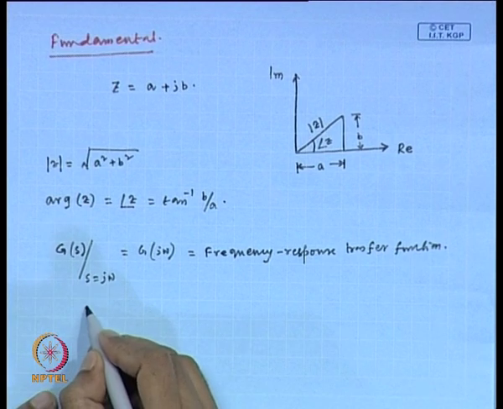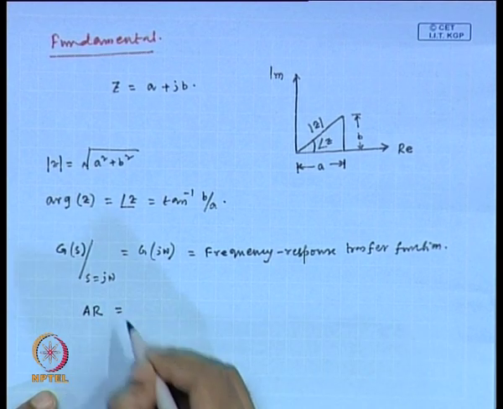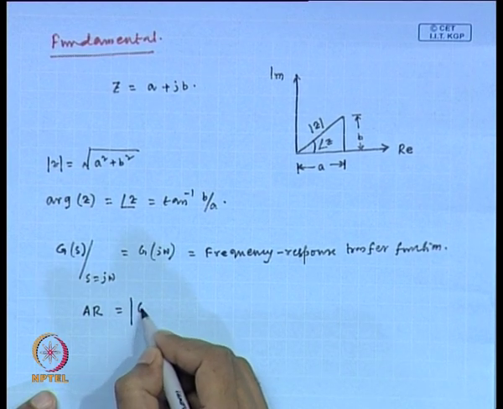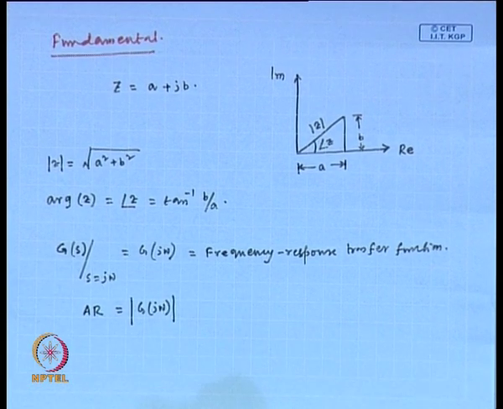Now, the amplitude ratio we can determine. I mean, the amplitude ratio is the magnitude of this Z(j omega). Amplitude ratio is the magnitude of the frequency response transfer function.